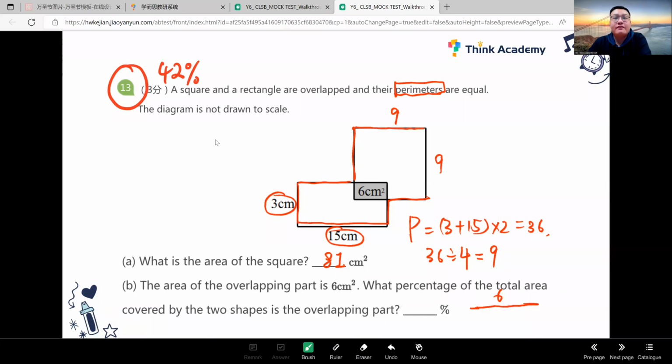To get that area, you add the area of the rectangle and the area of the square, and then take away one of the overlapping parts.